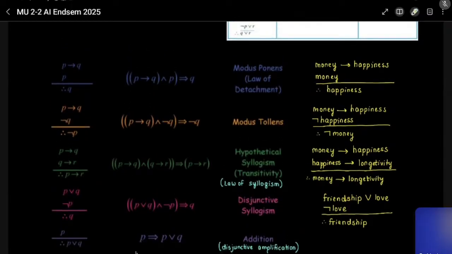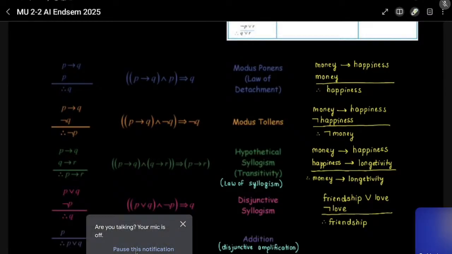If it is known that money implies happiness, and it is also known that you have money, then you can declare that there is happiness. That is modus ponens. If P implies Q and P, if both of them are true, then Q is also true. So money implies happiness, and you have money, so you have happiness.